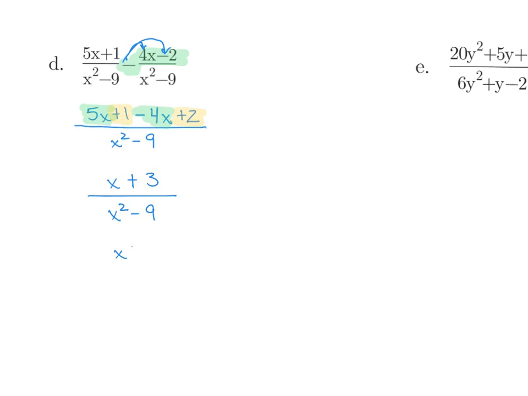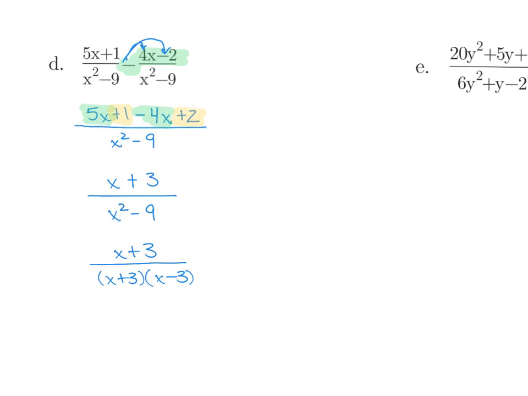The denominator does factor. It is difference of squares, so we're going to factor it. We get x and x, 3 and 3, and we have different signs.